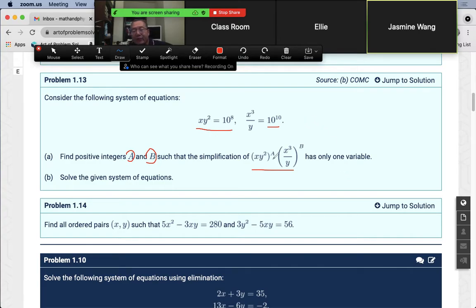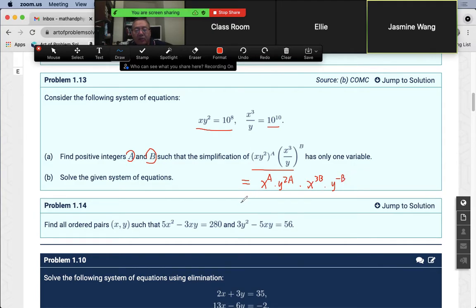So first, you need to simplify this. You can write this as x to the power a times y to the power 2a, after we use the distribution rule for the power. The second fraction, after we use the distribution rule, gives x to the power 3b and y to the power negative b.